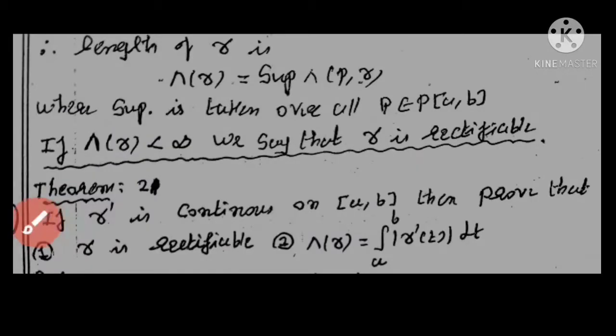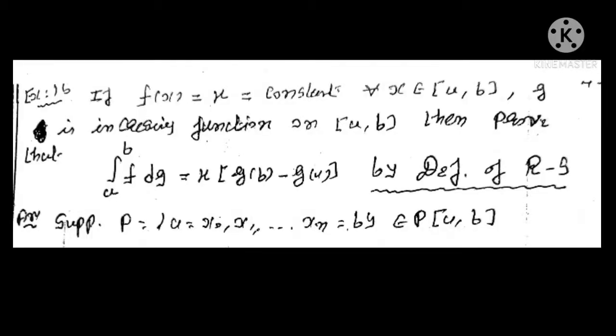Now an example: if f(x) is equal to k, a constant, for all x belongs to the closed interval AB and g is an increasing function on the closed interval AB, then prove that this is equal to k into g(b) minus g(a) by the definition of RS.